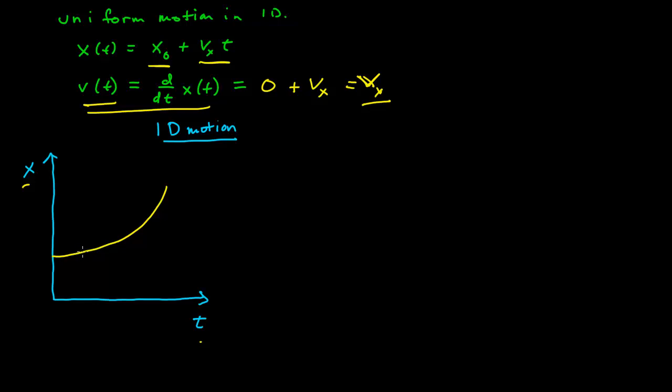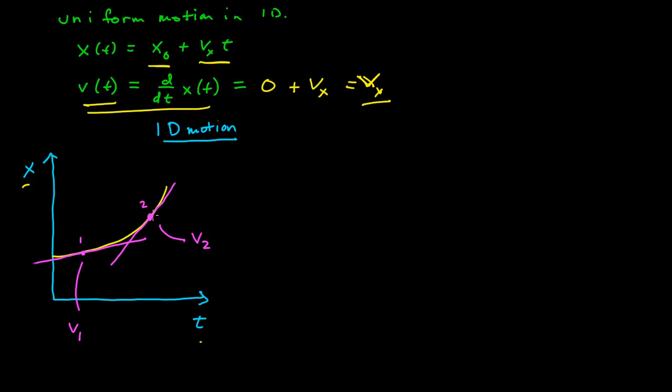So we know that the velocity at any point is equal to the slope of the tangent line at that point. And so if I have a curved trajectory in position versus time that looks like this, I can say here the velocity at this point is equal to the slope of the line at that point, and the velocity at this point is equal to the slope of the line here. Call them points 1 and 2.